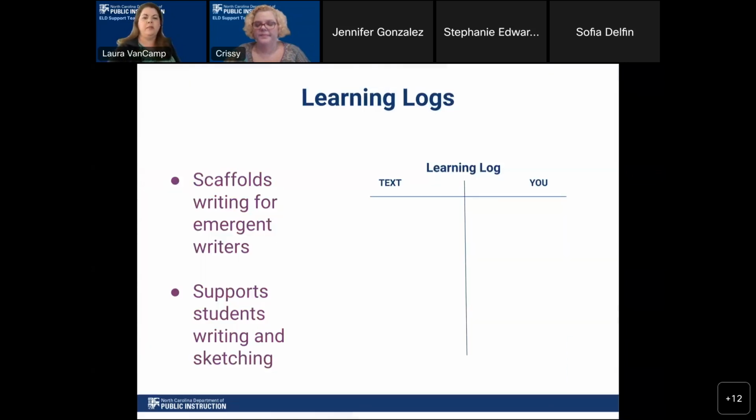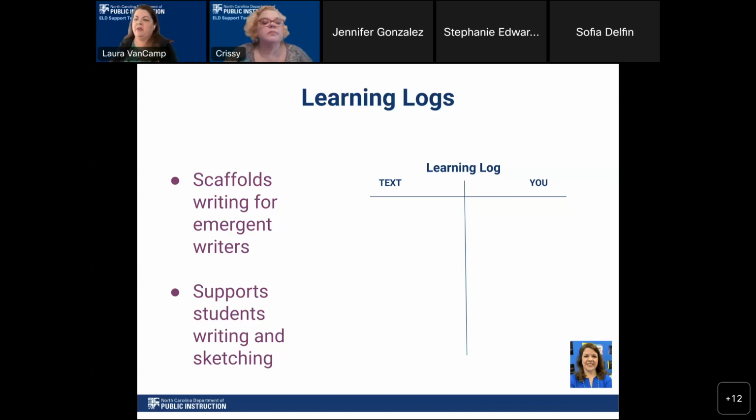So the first reading and writing component strategy we'd like to tell you about is the learning log. And as you experienced when we were processing the pictorial input, it's a simple yet powerful tool for students to record connections to the text and to their own lives.